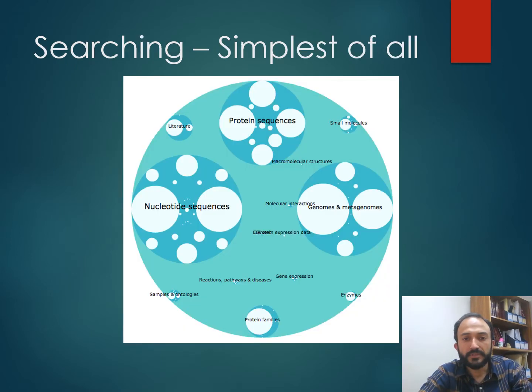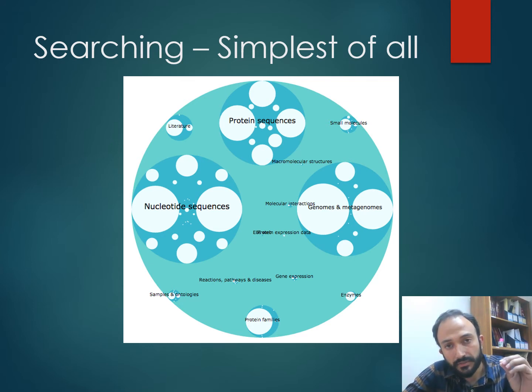So first of all, talking about searching, that is the simplest of all, and similar to other biology or other fields, here you also perform some searching related to any question. For instance, if you want to search a nucleotide sequence, you have to go to a database where you try to identify the nucleotide sequence of your gene.